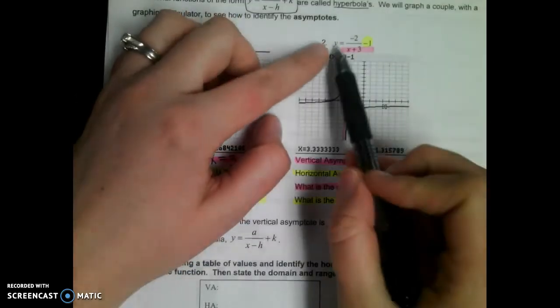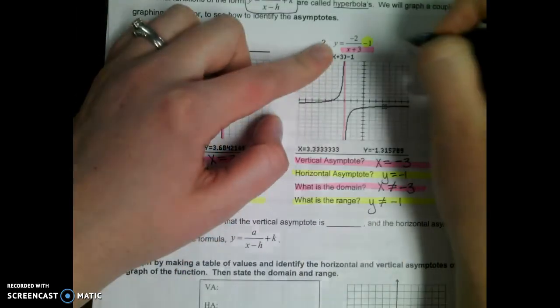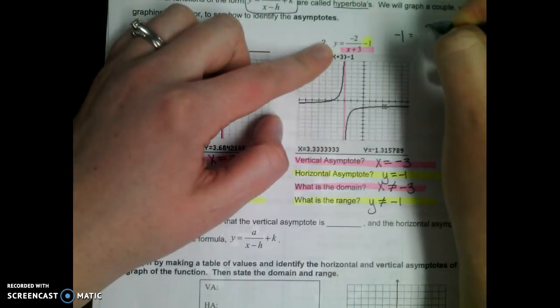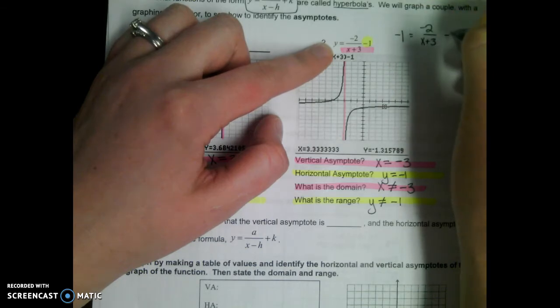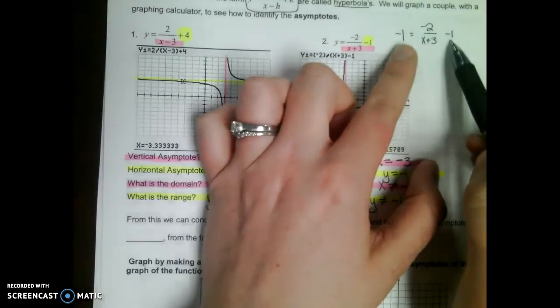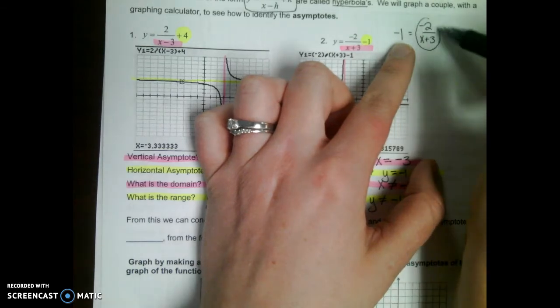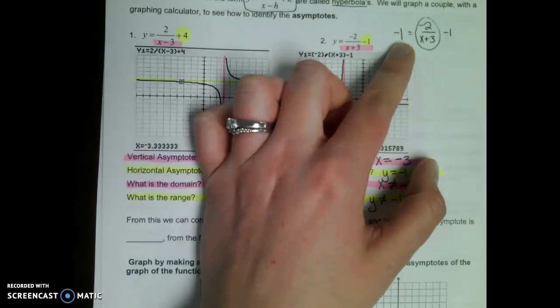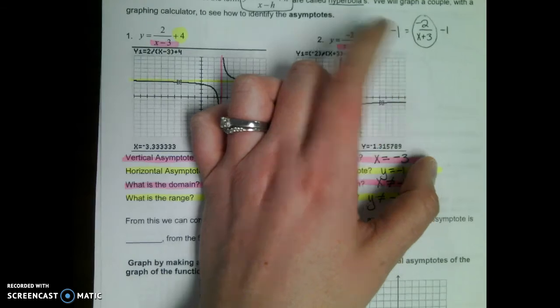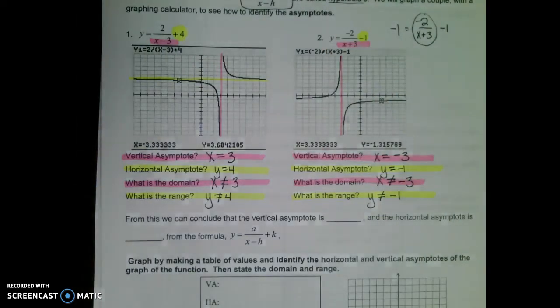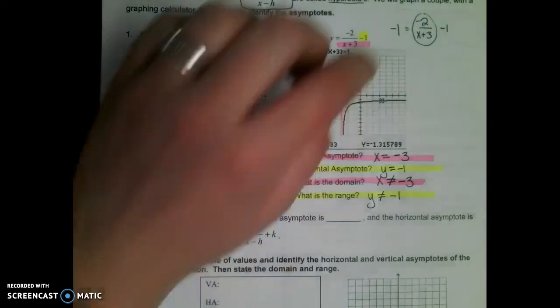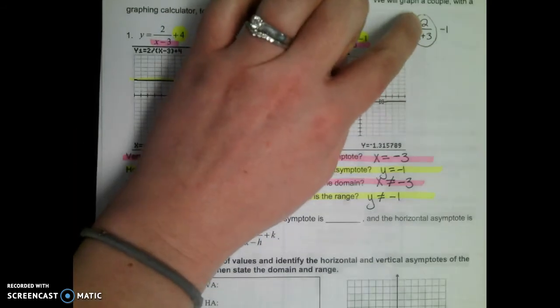If I put negative 1 in over here, so if I had negative 1 equals negative 2 over x plus 3, minus 1. If I have negative 1 on both sides, that means that this thing would have to equal 0. In order for this equation to work, that fraction would have to equal 0. The only way to make a fraction equal 0 is if you have 0 on the top of the fraction.